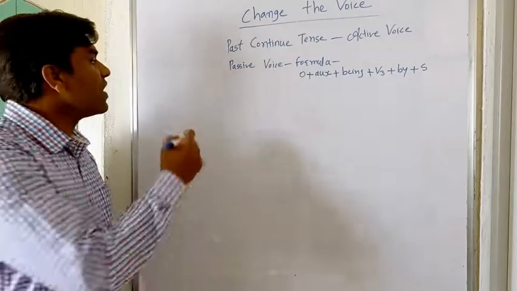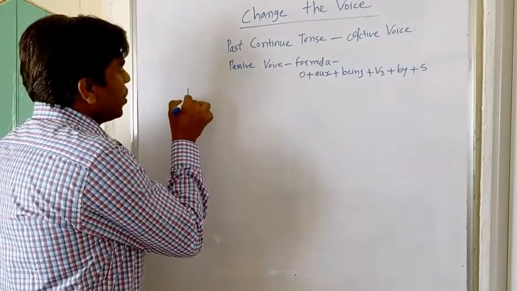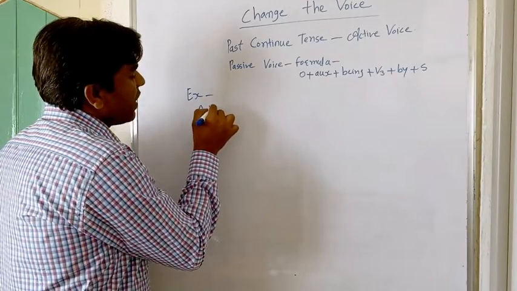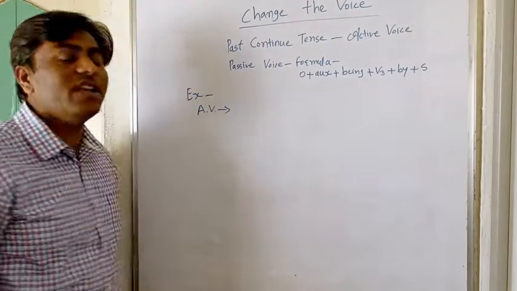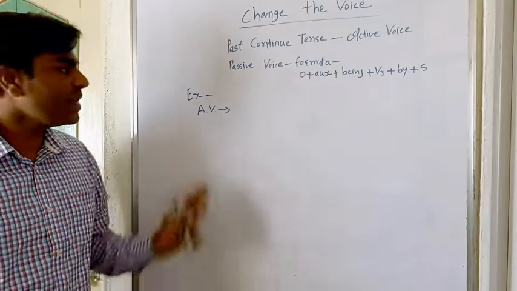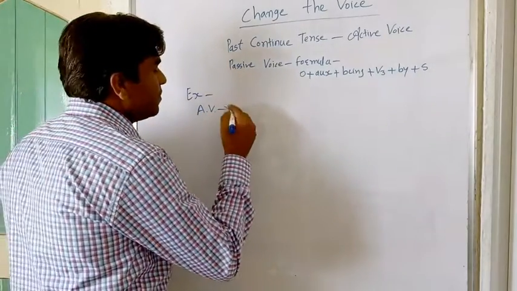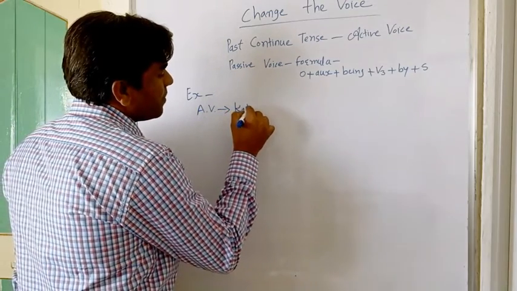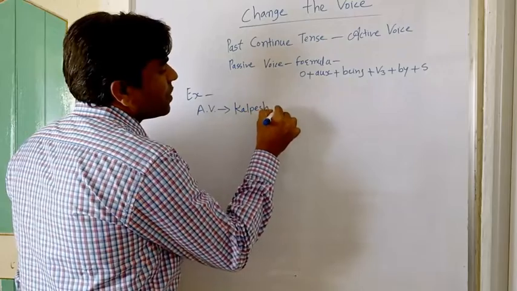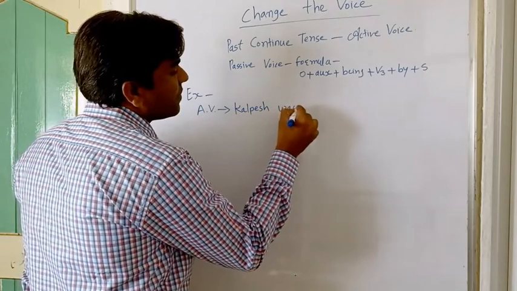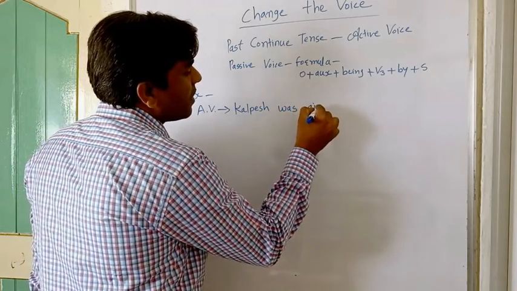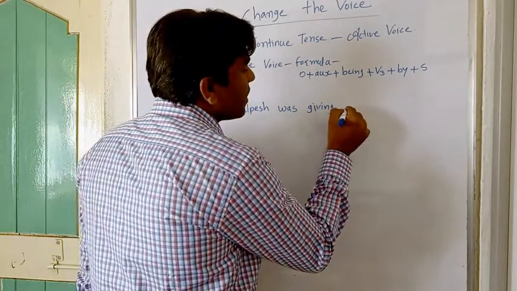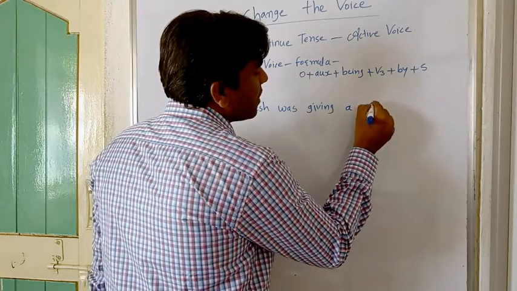Okay. So the first example is here on the board of active voice. I write here active voice, AV. The first sentence: Kalpesh was giving a gift.